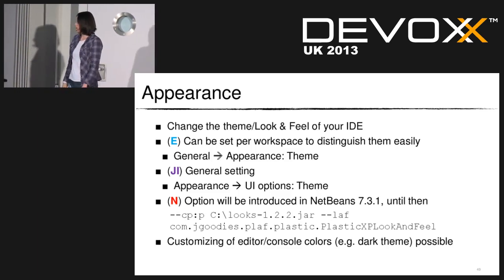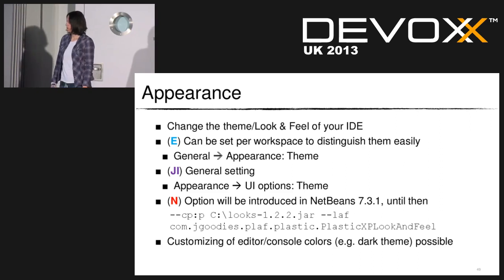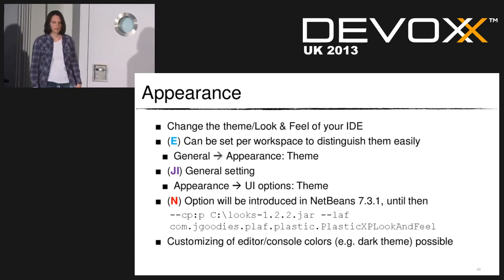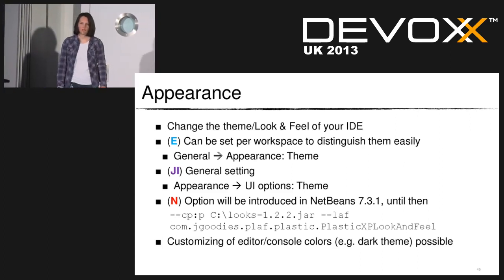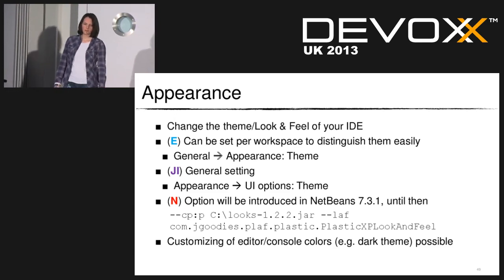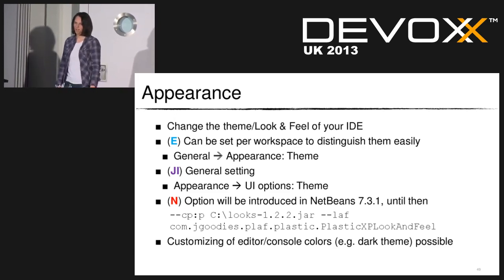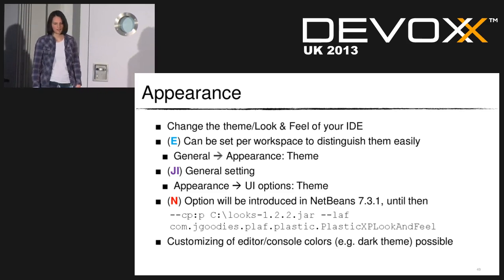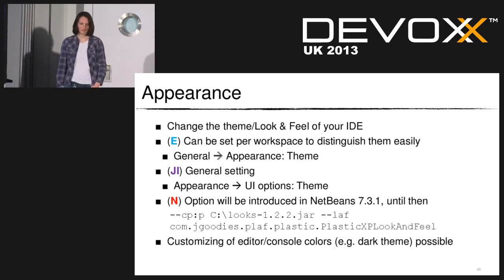Let's move to the end of the talk, and what you can also do in your IDE is to change the general look and feel of your IDE. There were some people which didn't really like how the new Eclipse is looking like, so you can still change it and use the classic theming.